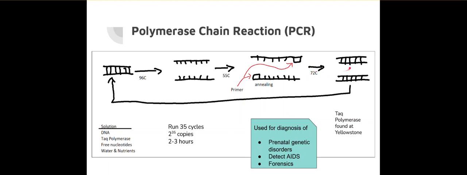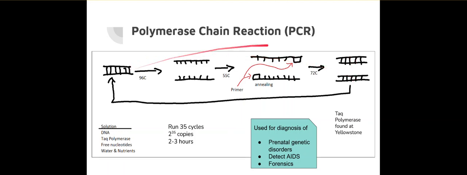And then what happens is they have a polymerase in there. This is called a Taq polymerase, which will operate at these high temperatures, and it will create the complementary strand, and so you've now multiplied this.